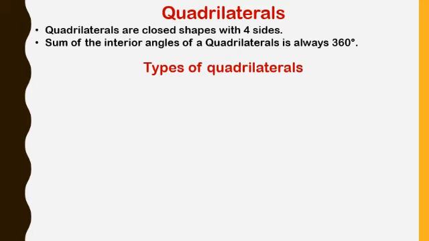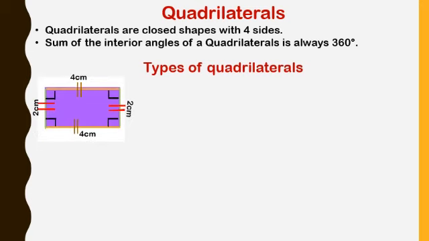Types of quadrilaterals. Let us see the first type of quadrilateral. Here you know the name of this quadrilateral. This is a rectangle. Here you can see opposite sides are equal. Horizontal sides are 4 cm each and vertical sides are 2 cm each.